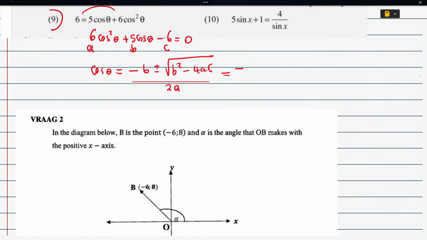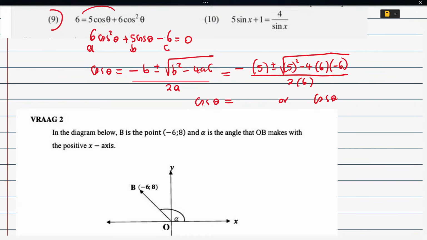Therefore, you can say minus into what is your B? It's 5 plus or minus the root of what is your B? It's 5 squared minus 4 into 6. What is your C? Minus 6. Okay? All over 2 into 6. Cos theta is equal to... Do you see that, my learners?